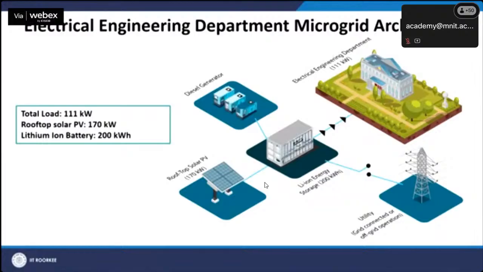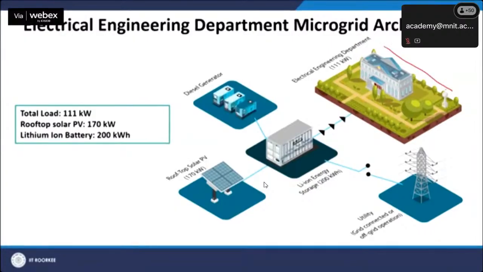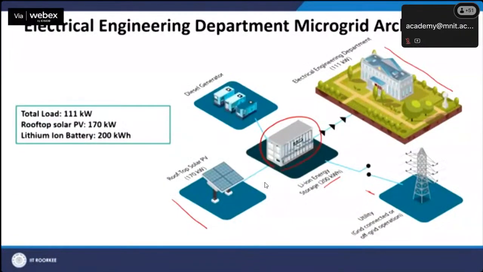Now, if you look at the Electrical Engineering Department microgrid architecture, this is the physical department site, and we have the utility grid, and this is the battery, which is lithium ion and close to 200 kilowatt hours, and we have a rooftop solar installed on top of the department which is close to 170 kilowatt, and then we have a reasonable diesel generator backup from time to time.